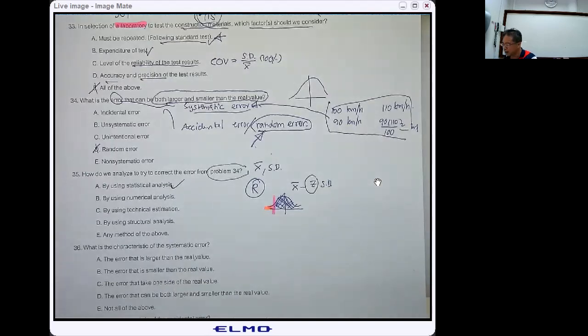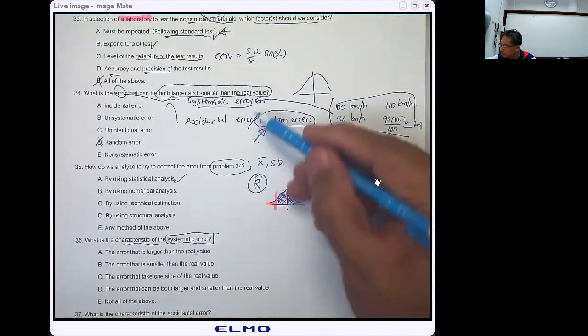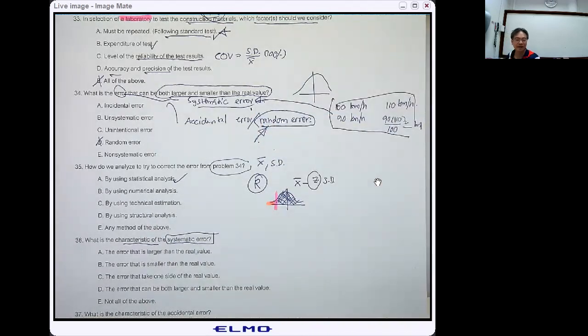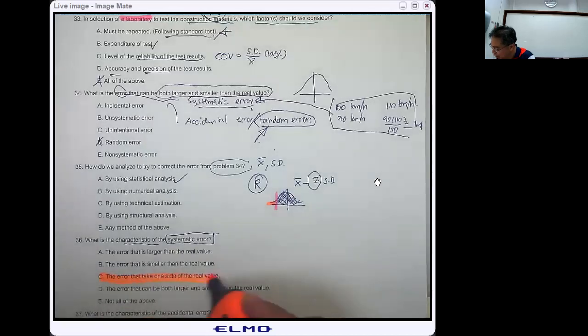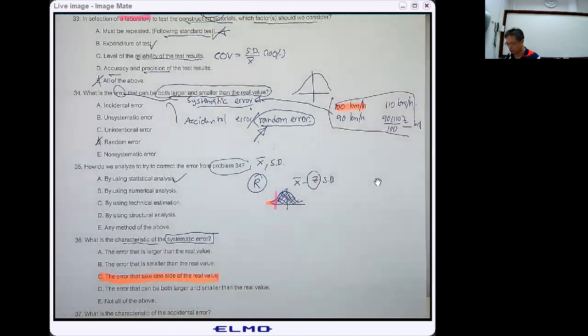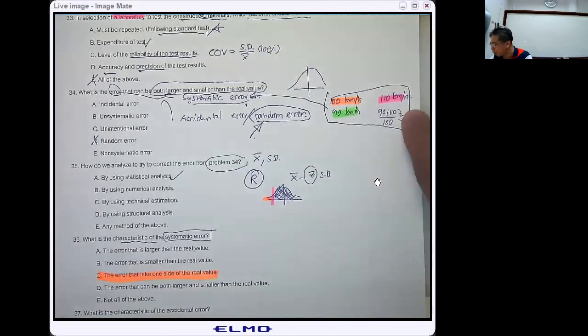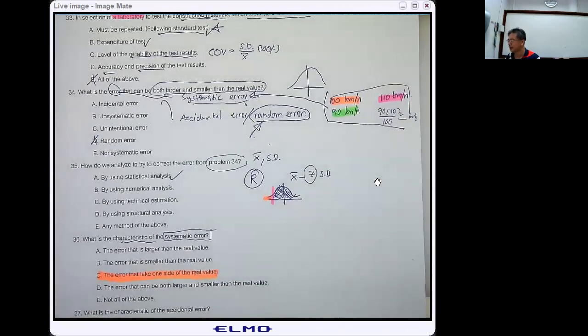And then what is the characteristic of the systematic error? As we know, the systematic error is going to be systematic. That means it's going to be on only one side of the real value. That means if your equipment measures 100 and the standard gives you 110, and then when you do this with your equipment, it's going to be proportional, and how much is it going to be?